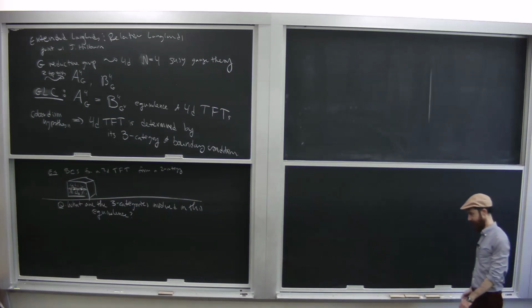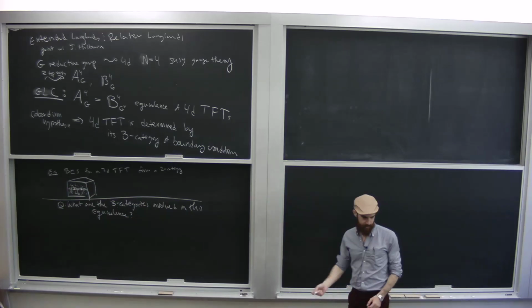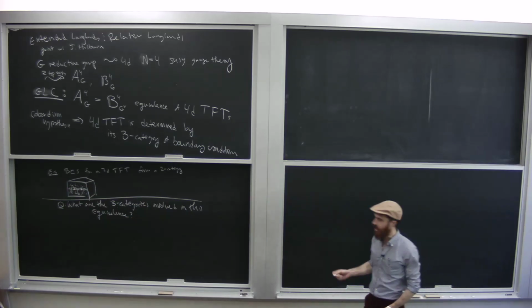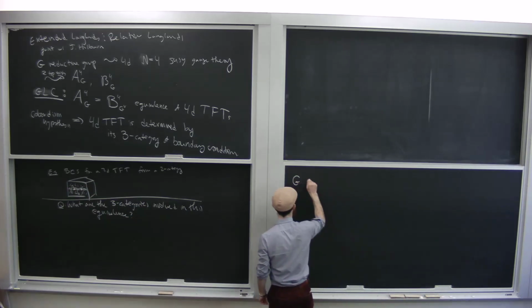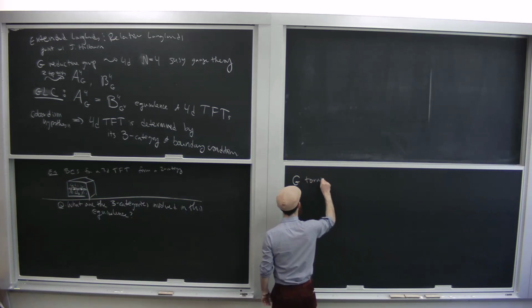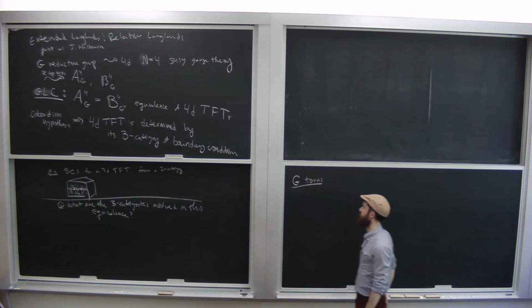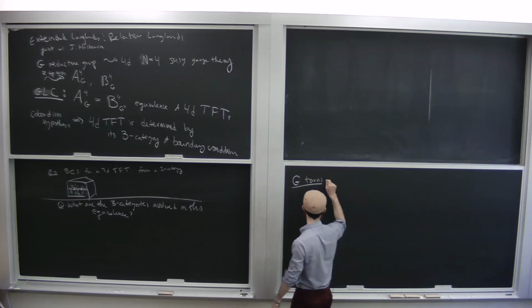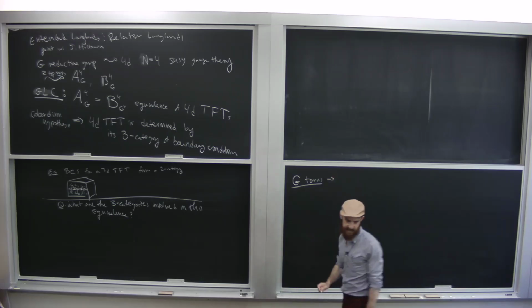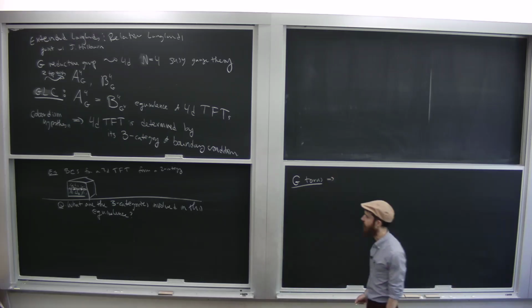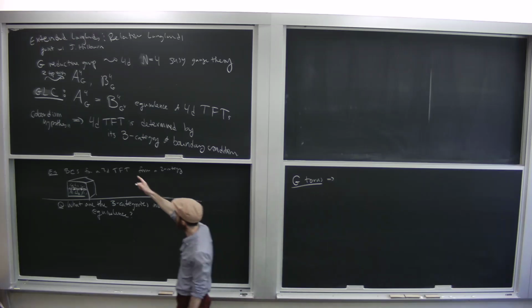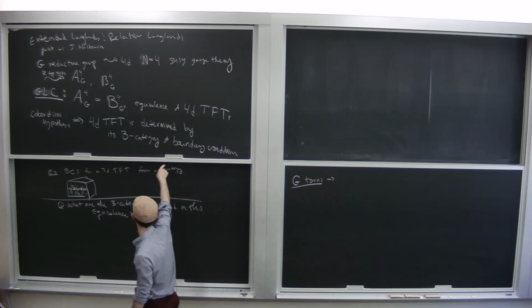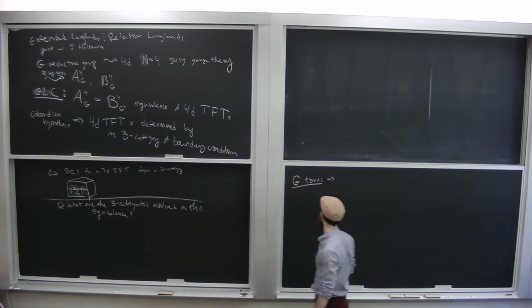But in some cases, we can make this precise, namely in the case where my group G is a torus. So for the moment, let's restrict to the case where G is a torus. So it's Gm to the n, or in its complex points, C star to the n. And in this case, from now on, I'm going to use this notation A4G and B4G check to refer to the relevant three-category.